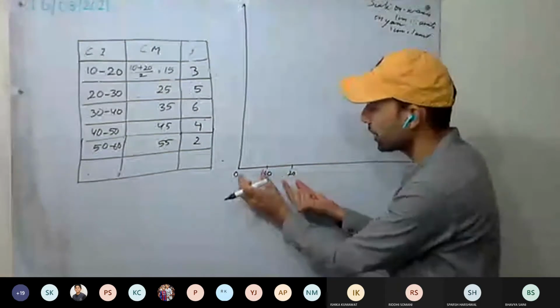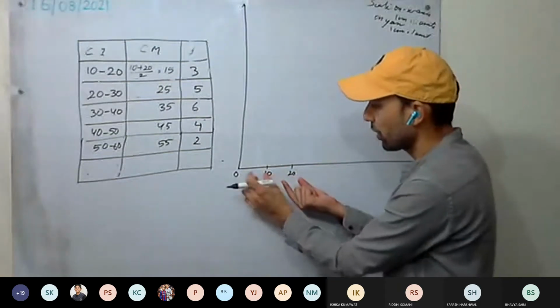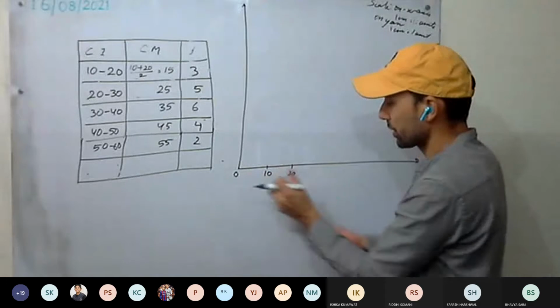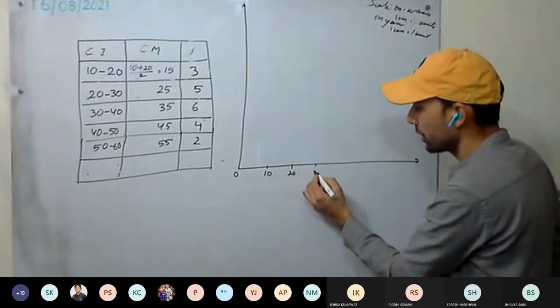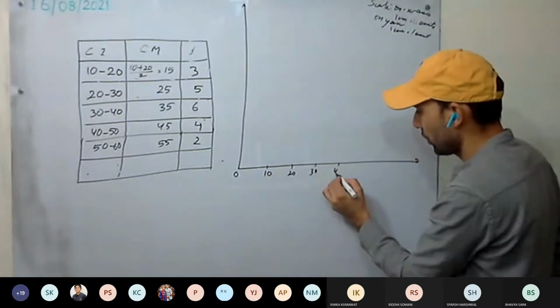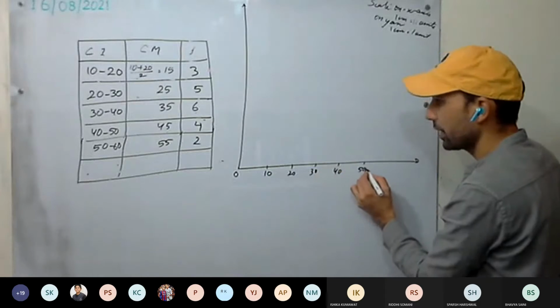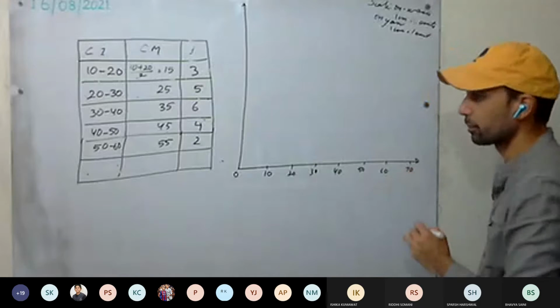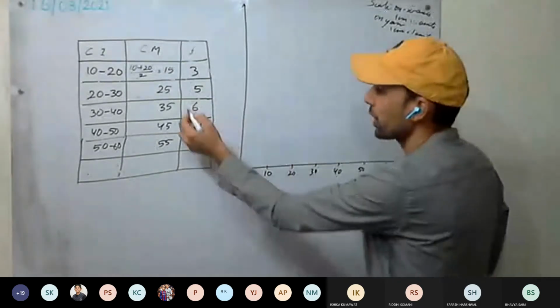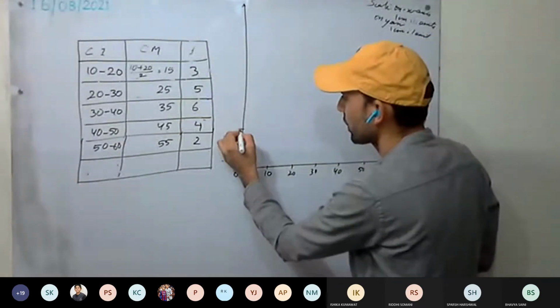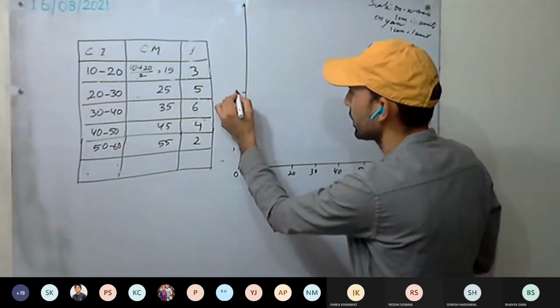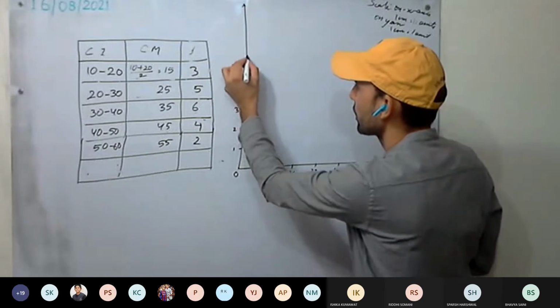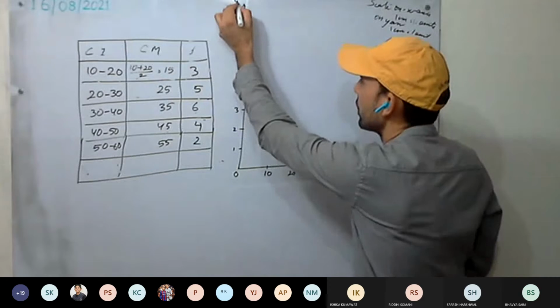We always require one extra class just before the first class: 10 to 20, 20 to 30, 40, 50, and 60. We require one more, 70. Now draw the histogram.